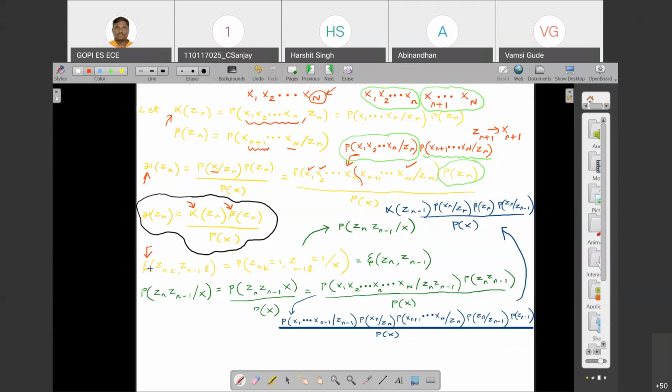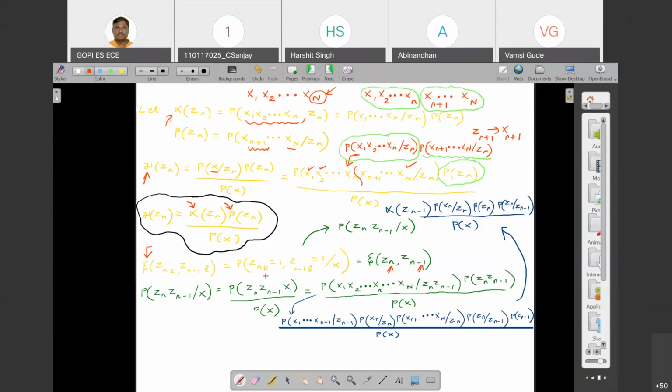Because by definition, what is zeta? It is basically the probability of Znk equal to 1, Zn minus 1, l equal to 1 given X. We are writing this in short with a single subscript, as I told you, for convenience. But remember that when I say Zn, which takes either 10 or 01, that indirectly gives you the information about the state.